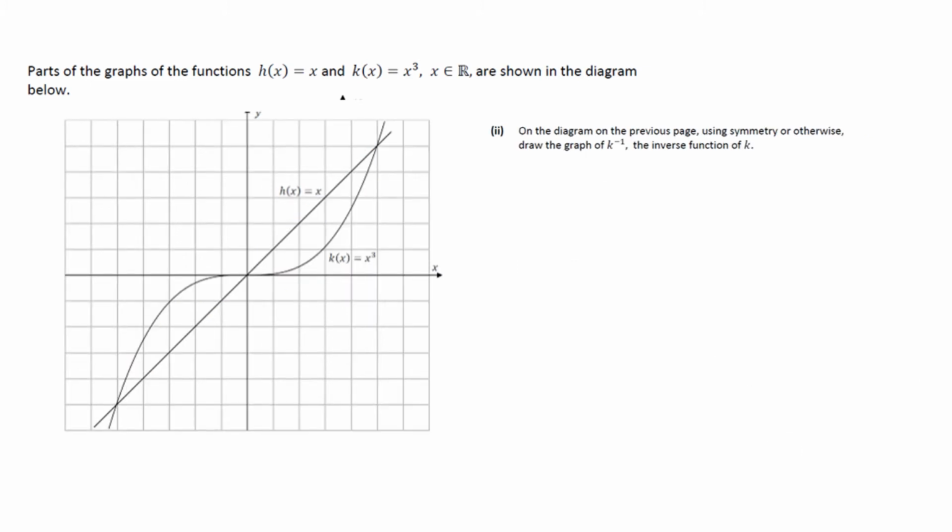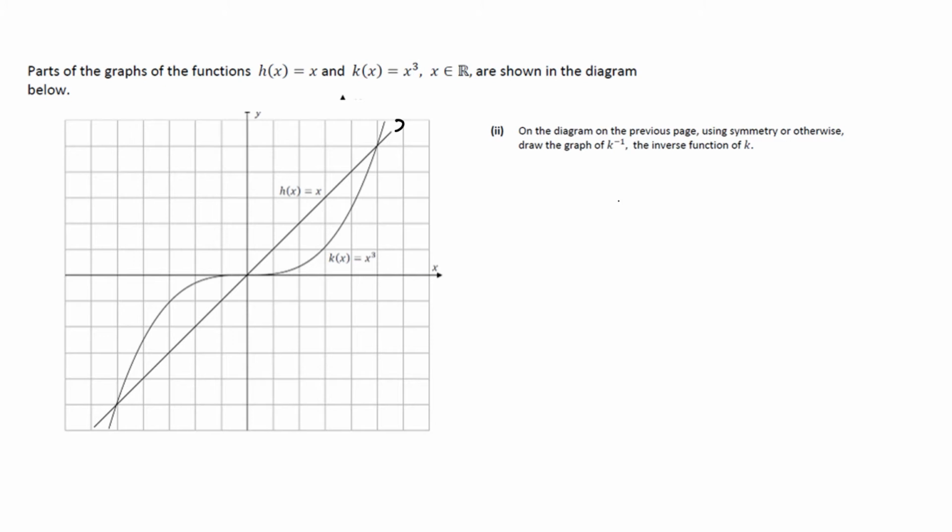The last part of this question asks us on the diagram, using symmetry or otherwise, draw the graph of k inverse, the inverse function of k. Now, if you want to think about the inverse of a function geometrically, effectively it's the image of the function under axial symmetry in the line x equals y.